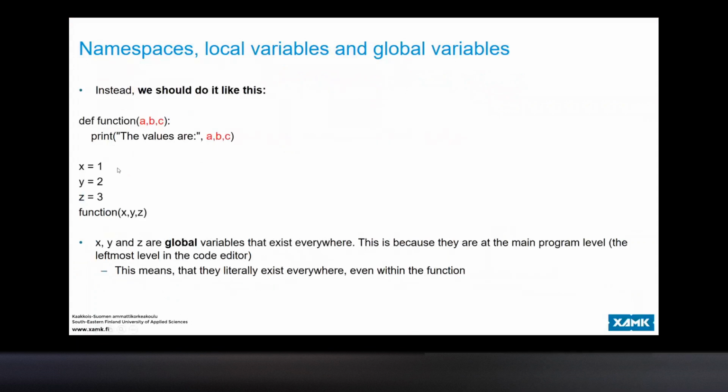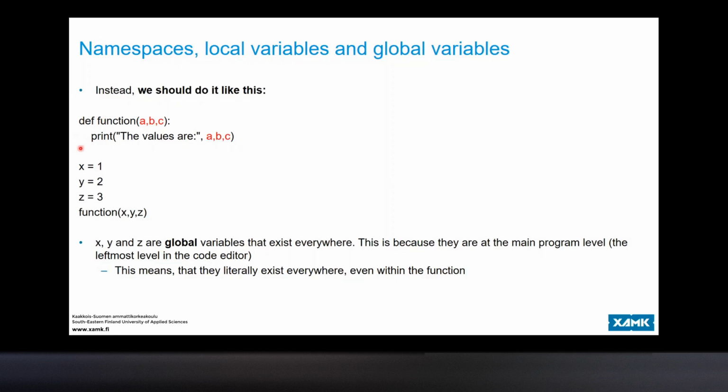Here the X, Y, and Z are what are known as global variables. These global variables exist everywhere. That's because they are used here and defined here in the main program level, on the same level as where this function definition is.